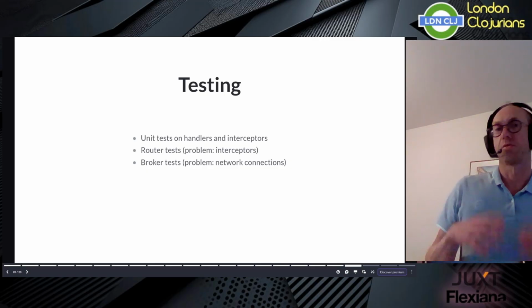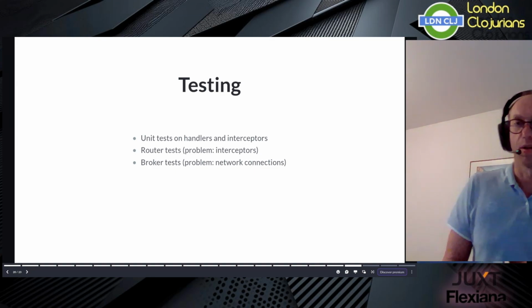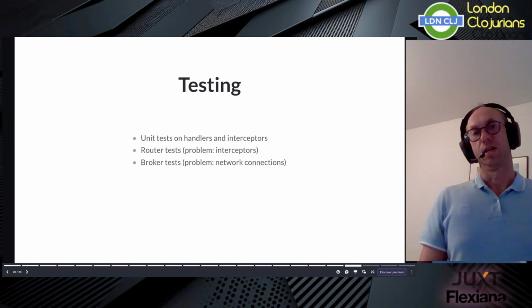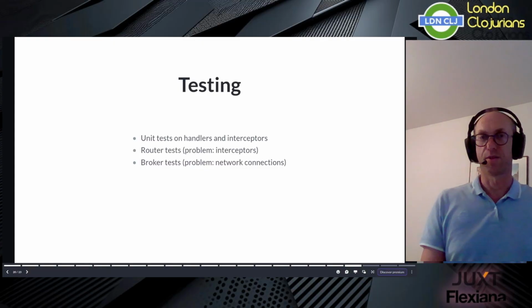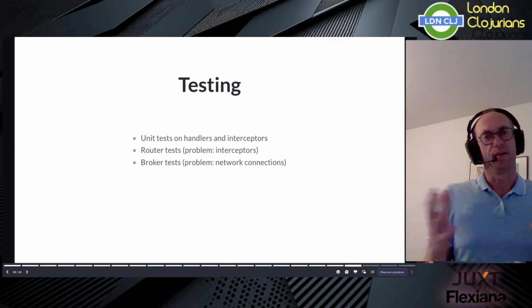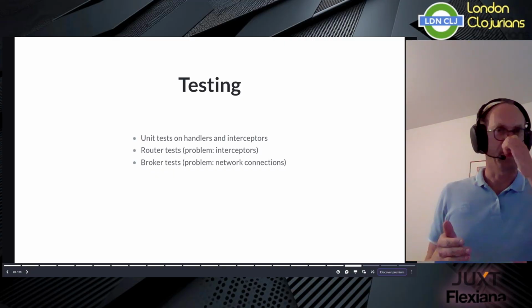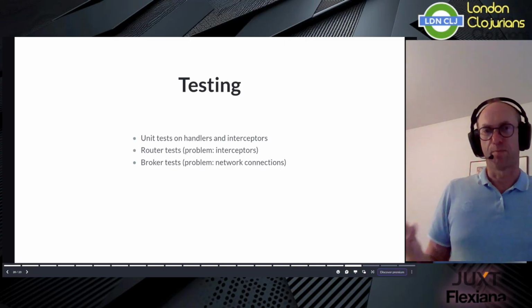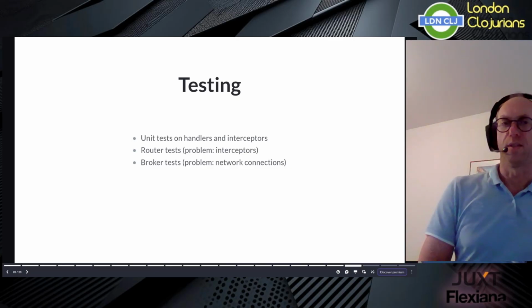Handlers are usually side-effect free, usually pure functions, which should be fairly simple. Interceptors can have side effects, which makes it maybe a little bit more challenging. But again, they are just functions. An interceptor is a structure that has an enter and a leave function, so it's fairly possible to treat that as regular functions that need to be tested.